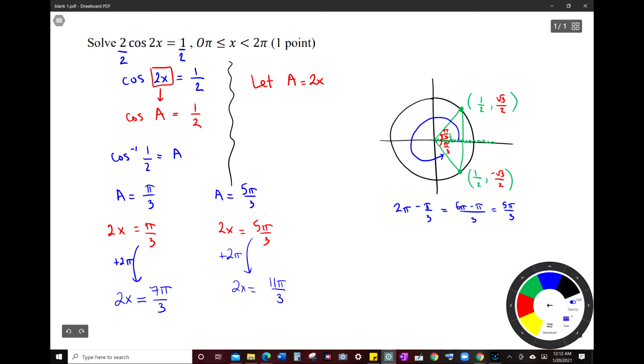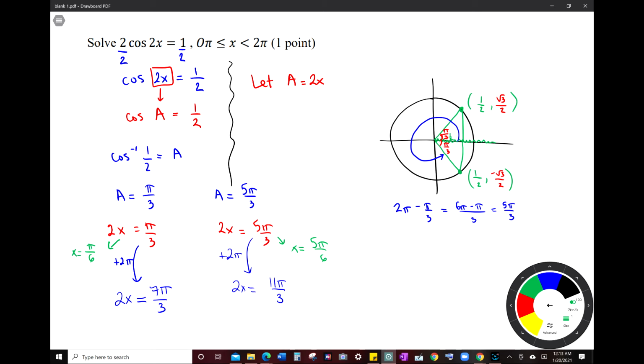Okay, and now I start solving. Next I will divide everything by 2, or multiply everything by 1/2. From the first one, my x equals pi over 6. Second one, x equals 5 pi over 6.